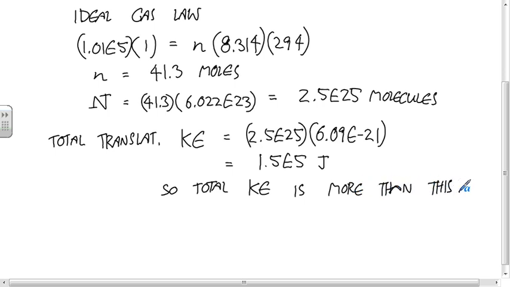Okay, so my next question is, is this a lot of energy? Like, how can we put this in terms that we can sort of understand? Is that a lot of energy?